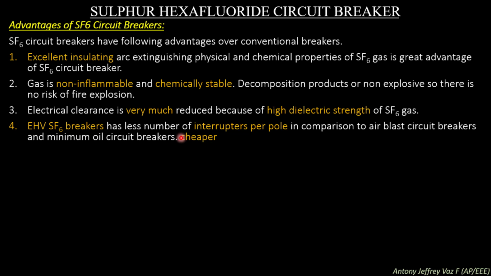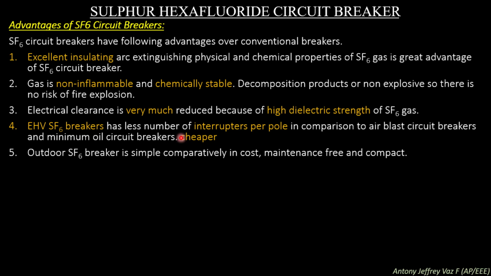So the number of interrupters present in the SF6 circuit breaker is very low when compared with air and minimum oil circuit breakers. Outdoor SF6 breaker is simple, comparatively low in cost, maintenance free and compact. So when the SF6 circuit breaker is mounted outside, the cost is comparatively very low and it is maintenance free and compact.